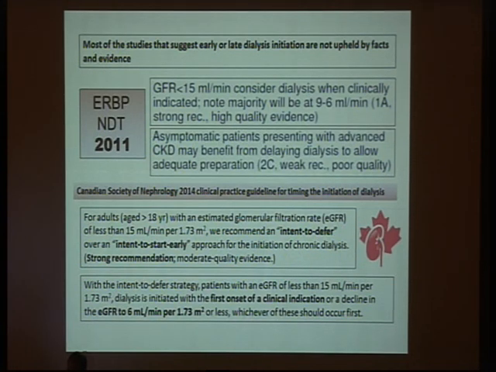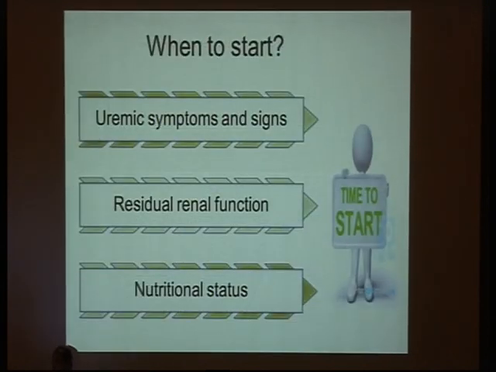And because most of the studies that suggest early or late dialysis initiation are not upheld by facts and evidence, we can say that these are the main three contributors or indicators of the decision to start: the uremic symptoms and signs, residual renal function, and nutritional state.